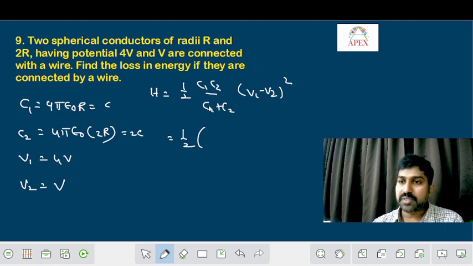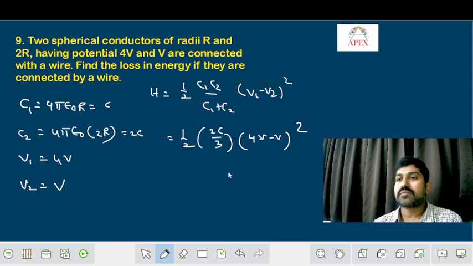So if you just substitute them, C into 2C by C plus 2C, that is 2C square by 3C, which is equal to 2C by 3 into V1 minus V2, means 4V minus V, whole square, and this is finally 2 will get cancelled here, C by 3 into 4V minus V, 3V, na?